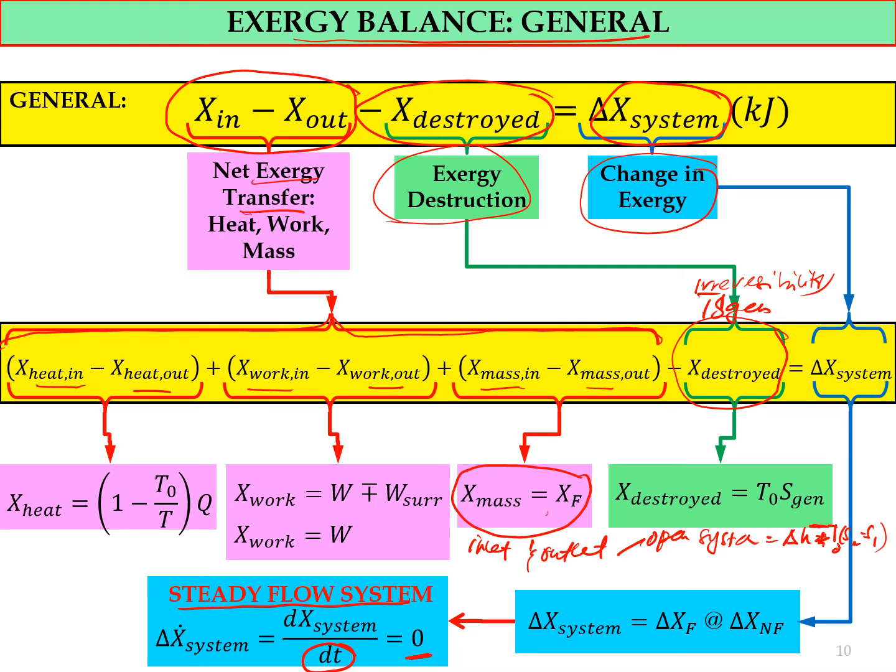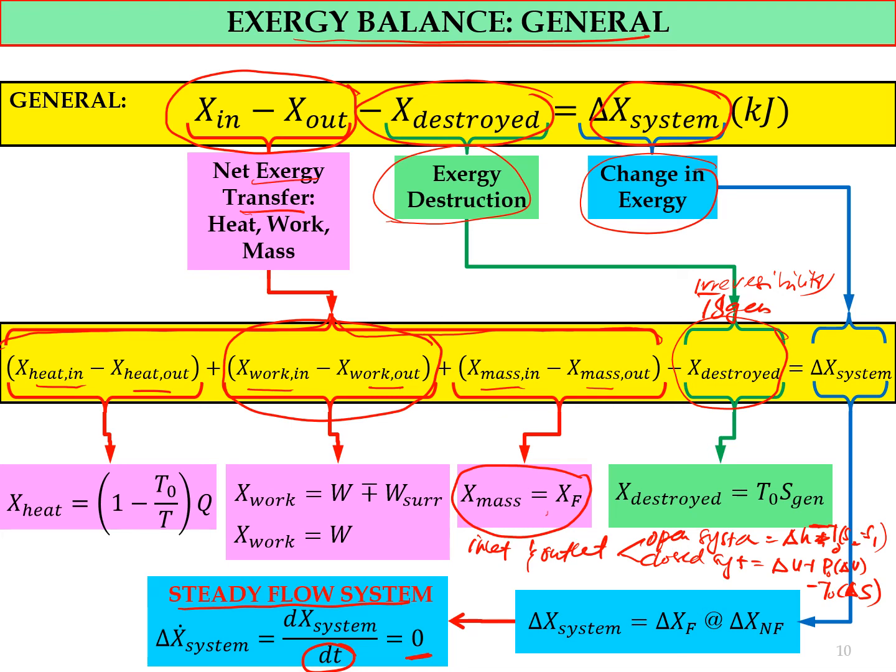For a closed system, it could be the change of internal energy plus P naught times the change of V, minus T naught times the change of entropy. So it depends on whether we are talking about an open system or a closed system. If you talk about work transfer through the boundary, we are talking about moving boundary most of the time.